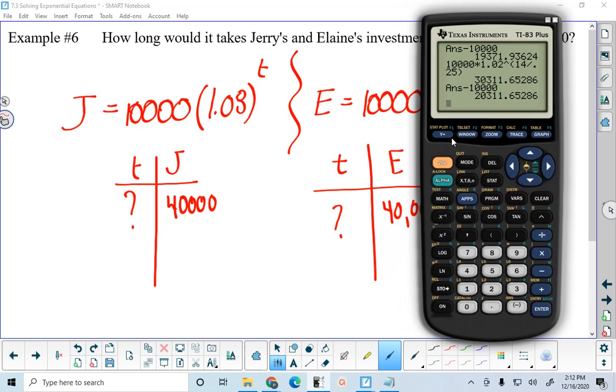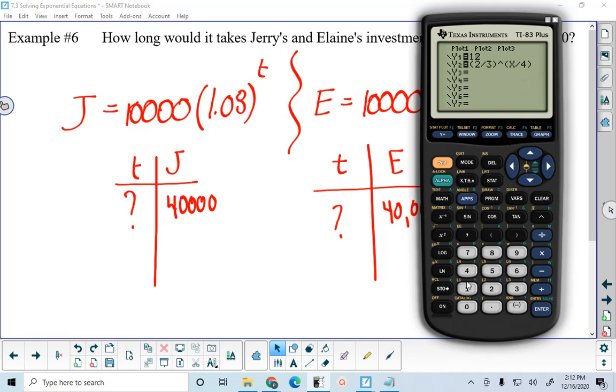So we have to graph for Jerry y equals 40,000 and y equals 10,000 multiplied by 1.08 raised to the x. Clearly for our window settings, we're going to have to go up to at least 40,000. I'm going to go up to 50,000 for y.